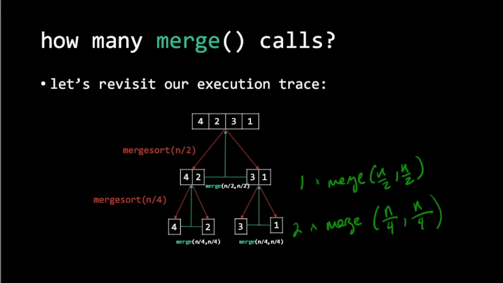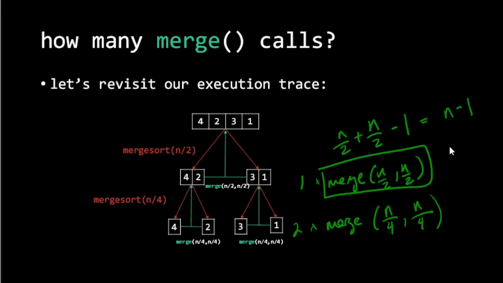Okay, if we look at each of these merges, this merge of two things of size n over 2 will take a total of n over 2 plus n over 2 minus 1. Remember, it was the length of S0 and the length of S1, and both of these are n over 2. This just comes out to n minus 1.